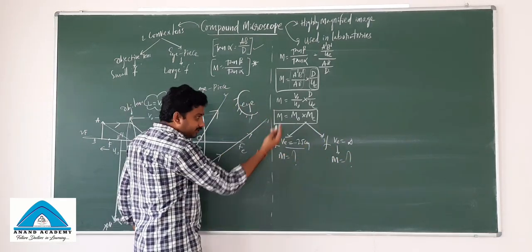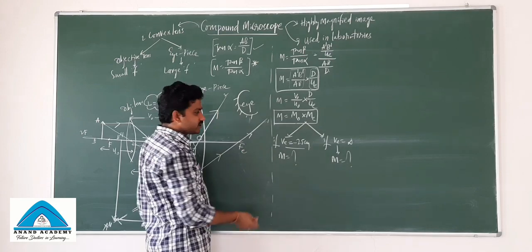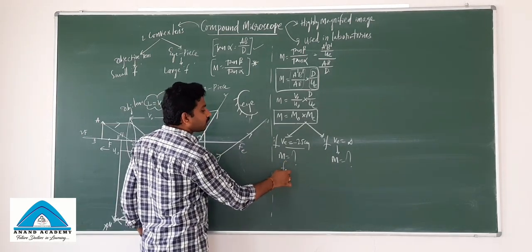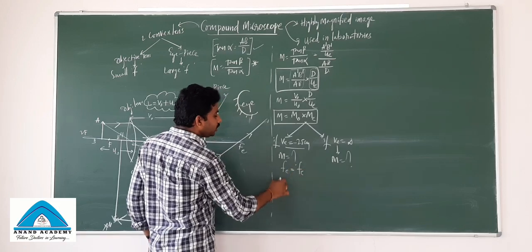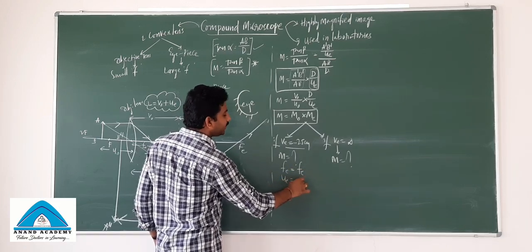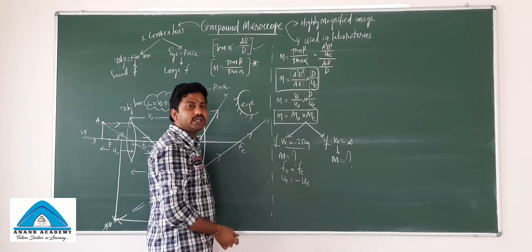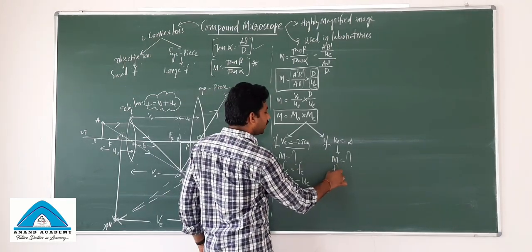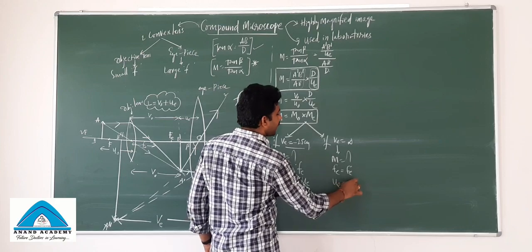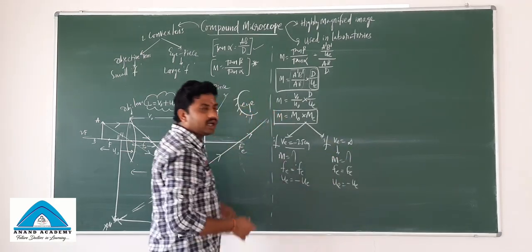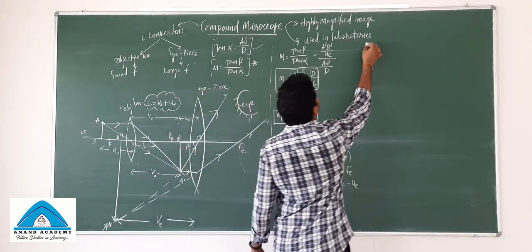So in this case, let us discuss. Focal length of the eyepiece will be FE, so object distance will be minus UE. Let us start case 1 and case 2.